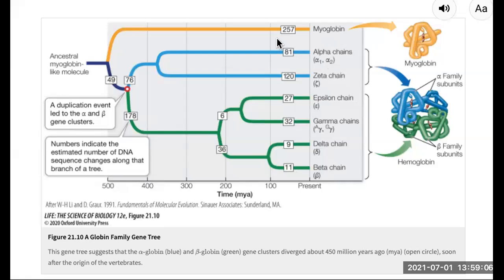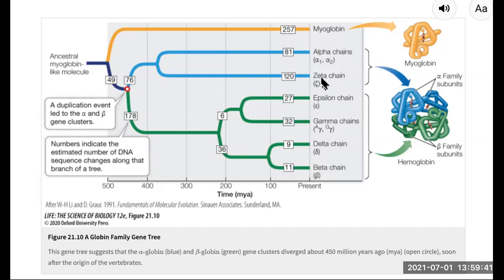And so these genes are for myoglobin, alpha chains, zeta chains, epsilon, gamma chains, delta, and beta. What are all of these? Well, these are protein sequences that are used for hemoglobin, which is an oxygen carrying molecule. And so myoglobin is not part of hemoglobin, but it is a very similar oxygen carrying molecule in humans as well.